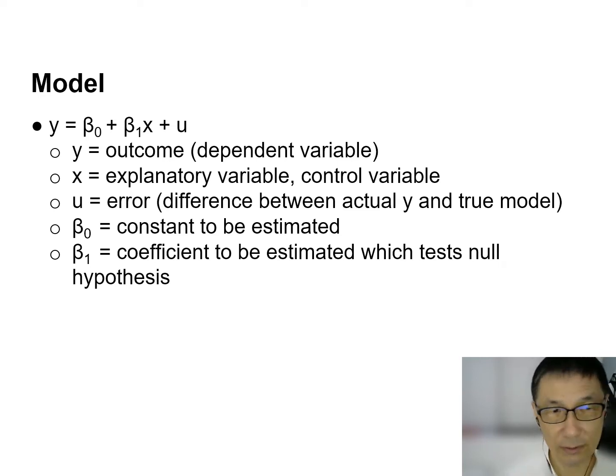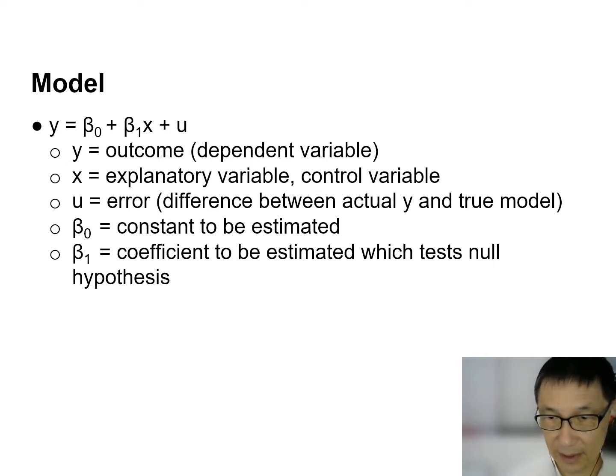And in this formal model, we denote the explanatory variable by X and the outcome by Y. Later on, we shall discuss how it helps to make the X larger in the sense of adding control variables to the explanatory variables. So in this case, the outcome will be explained by the explanatory variable, which is the one of central interest for theoretical grounds, as well as control variables, which help to improve the precision of the estimation.